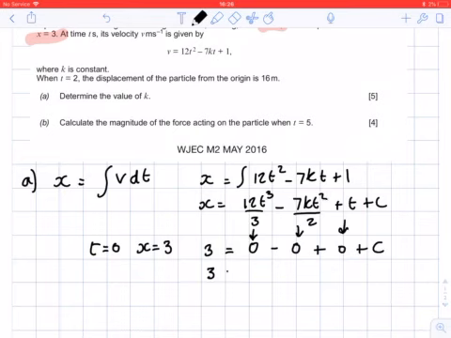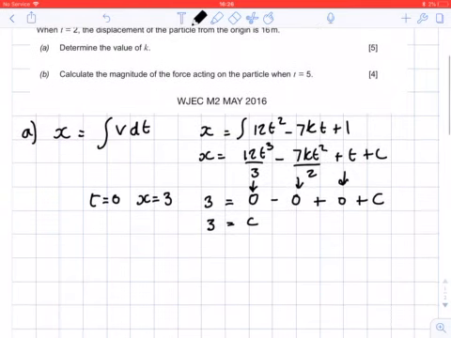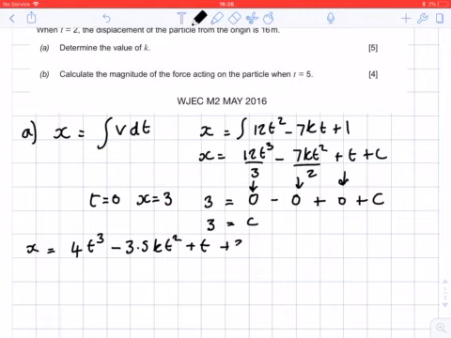So immediately I can see that 3 is equal to c. So rewriting my displacement equation, I'm going to get 12 over 3 is 4, t cubed, minus 7 over 2 is 3.5, kt squared, plus t plus 3.